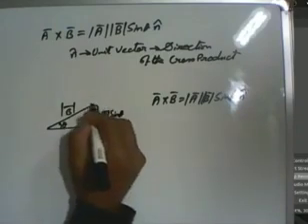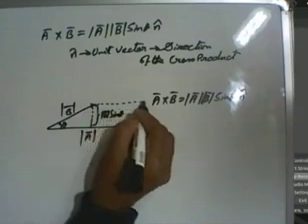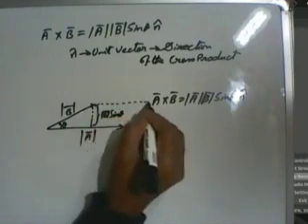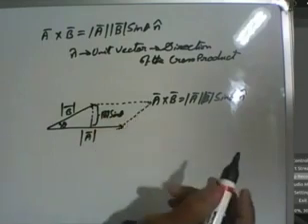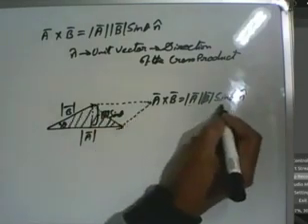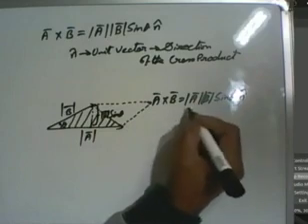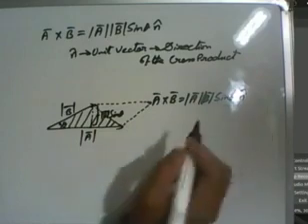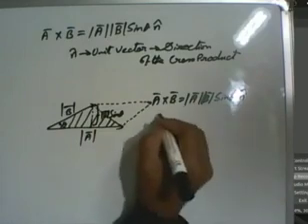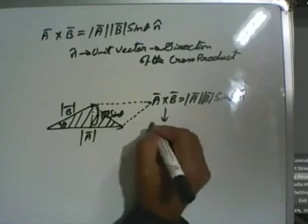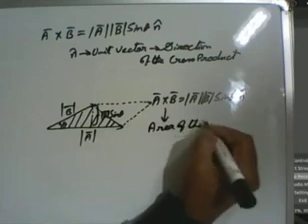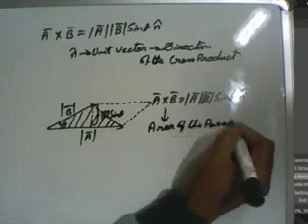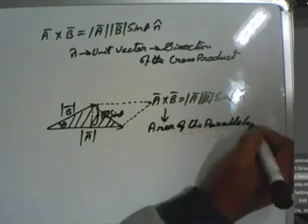So if we form a parallelogram with two vectors as the sides of the parallelogram, what this product gives me is the area of the parallelogram.